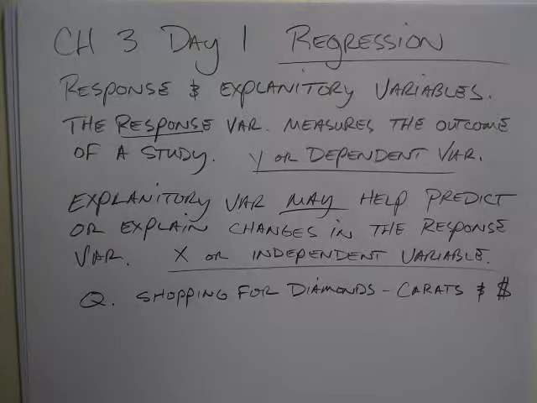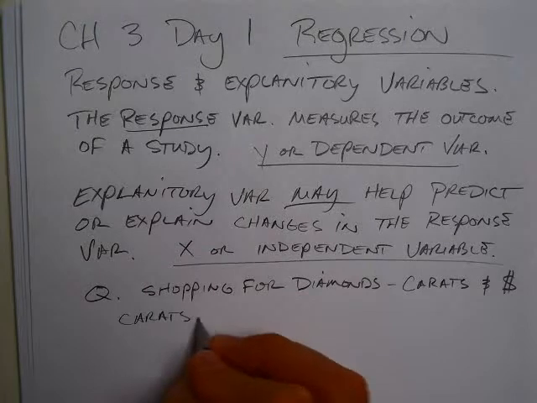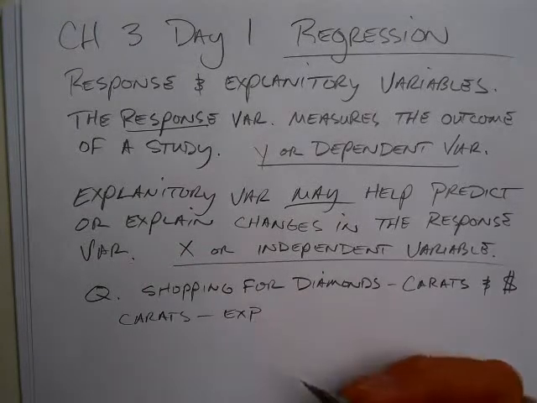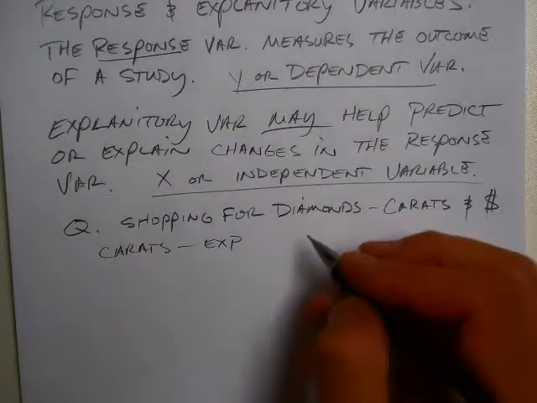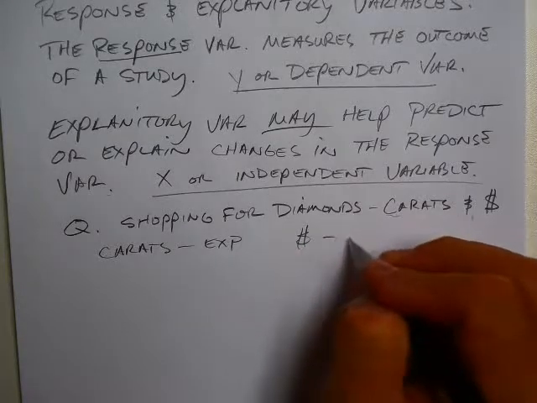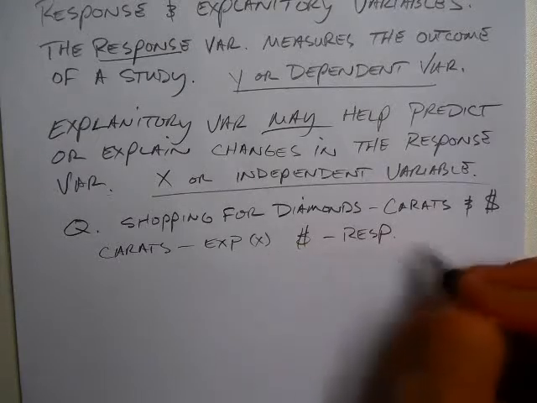So would carats be explanatory? More carats, the more likely amount? I believe you're right. The larger the carat size, the more money, generally, for a diamond. I'm not a diamond expert. I know there's a whole lot more to it than that, but I think carats would be your explanatory, because they generally define size, and then your money would be your response. So this is your X and your Y.